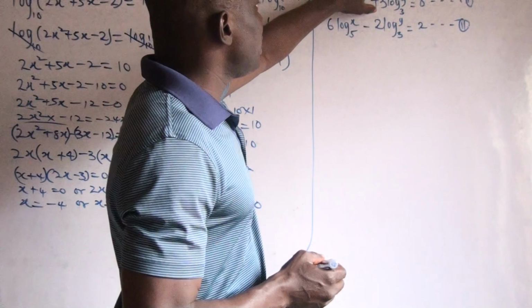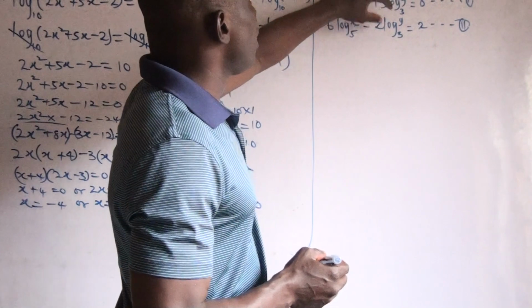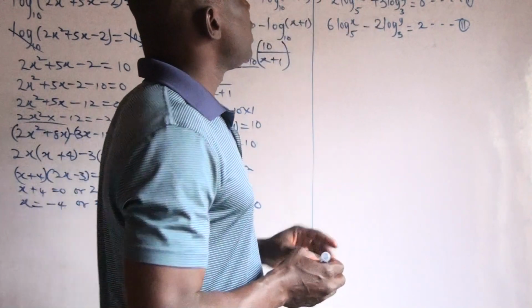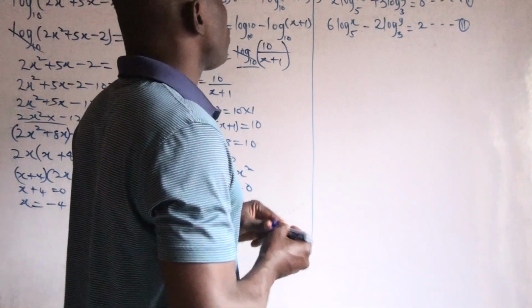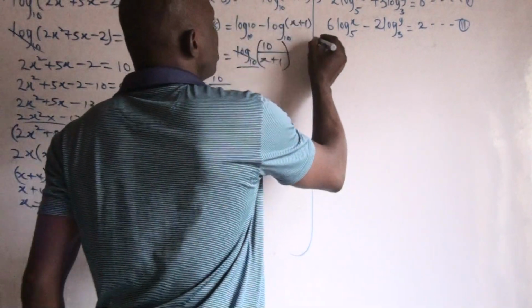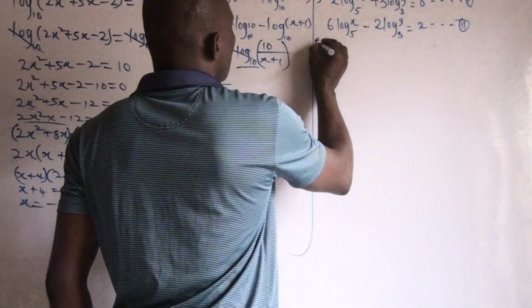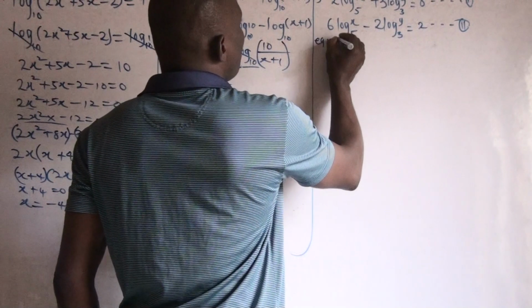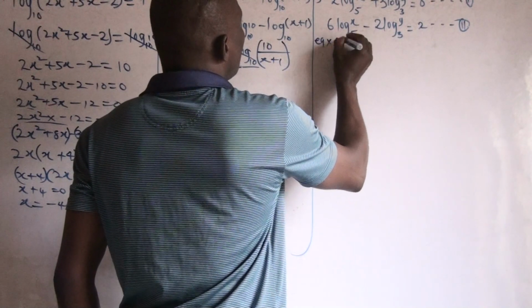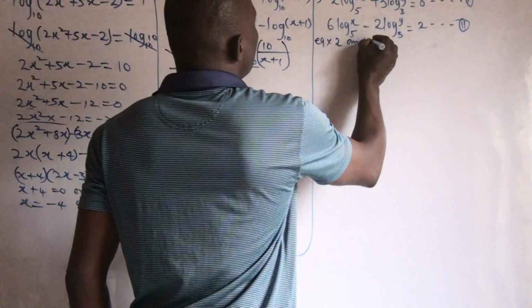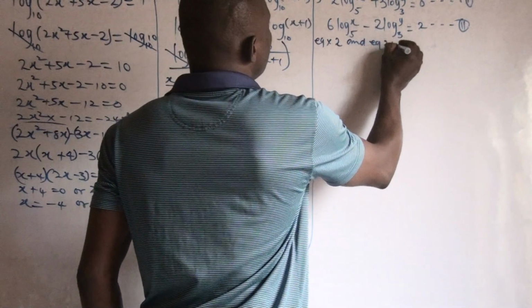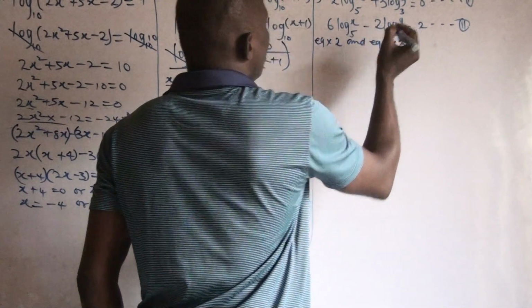The coefficients here of log y to base 3 in equations 1 and 2 are 3 and 2 respectively. So we're going to multiply equation 1 times 2, and equation 2 times 3.